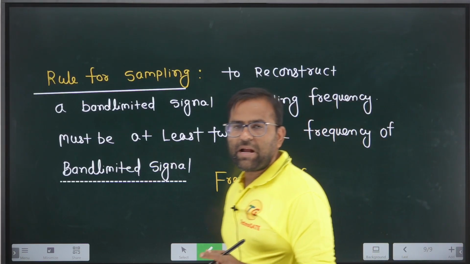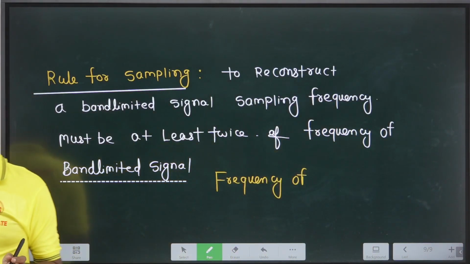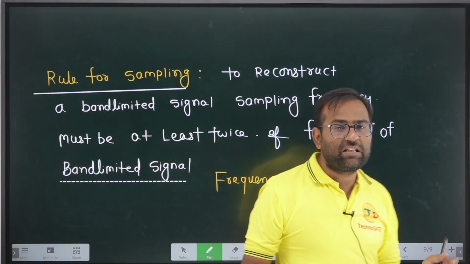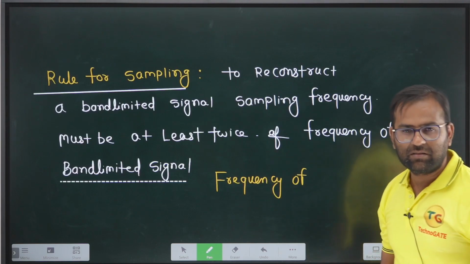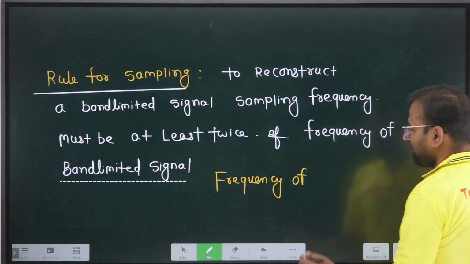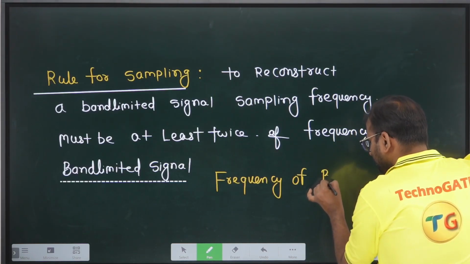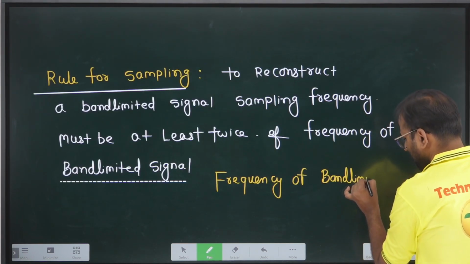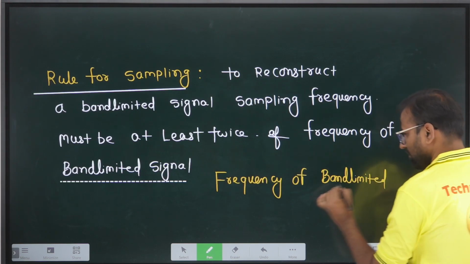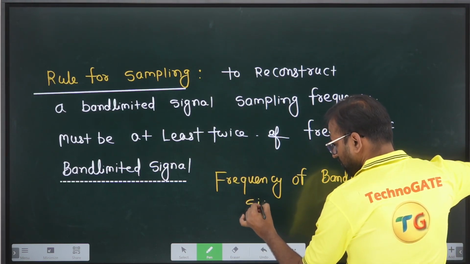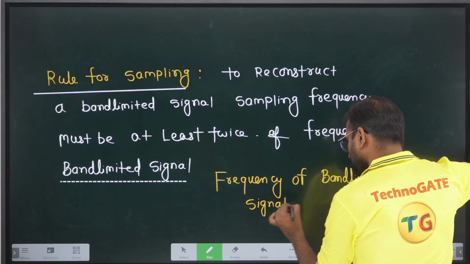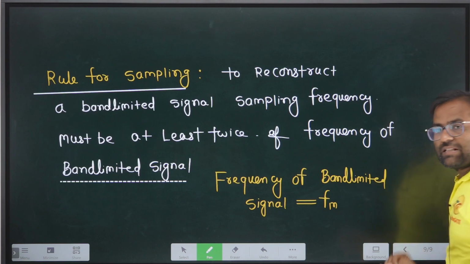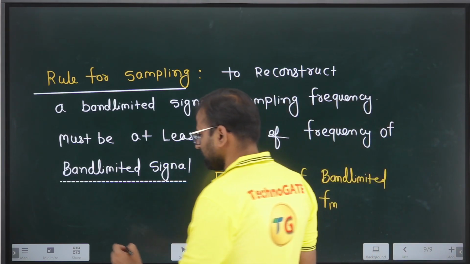What do we understand by a band limited signal? The idea is very simple. A band limited signal is one in which the signal lies in a particular frequency band. The frequency of the band limited signal is Fm, and let's say the sampling frequency is Fs.